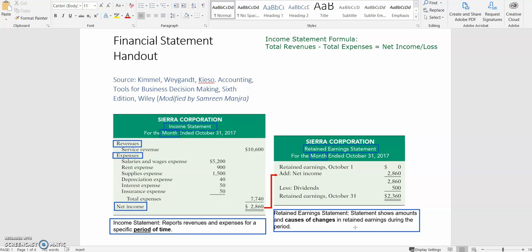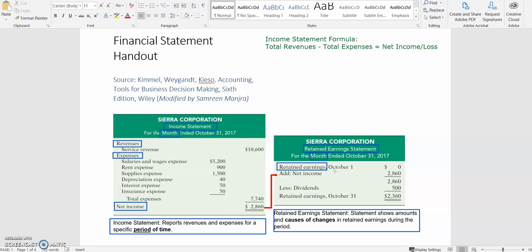So for our retained earnings statement, we always start off with our beginning retained earnings at the beginning of the month. So we're going to start off with October 1st, which is the prior month's ending. When you have a brand new company, you'll start off with 0 retained earnings.